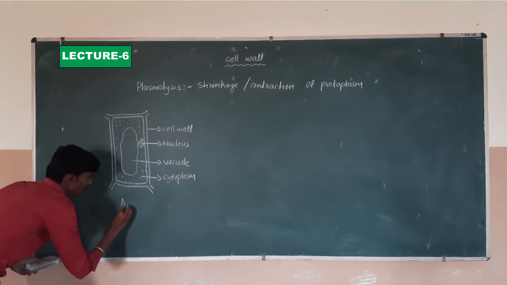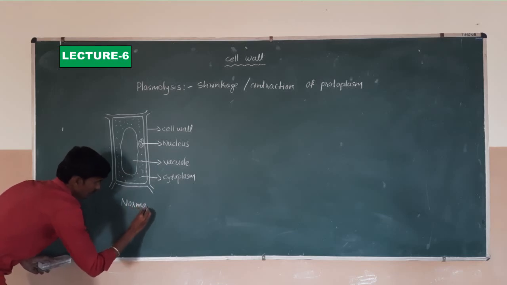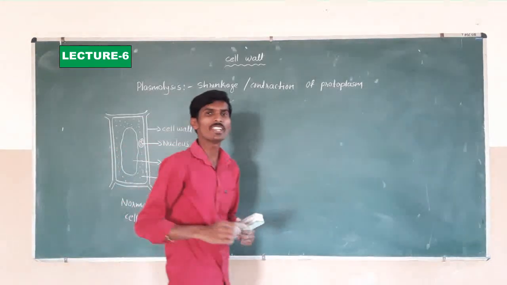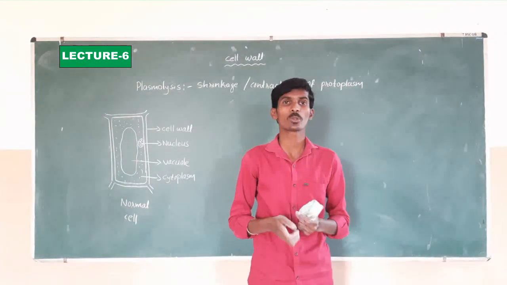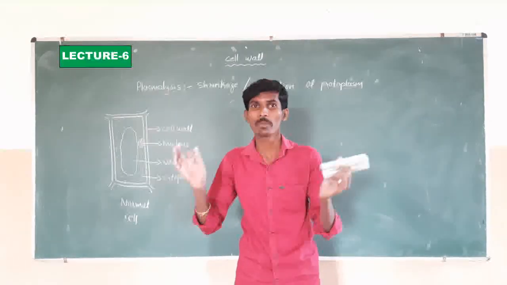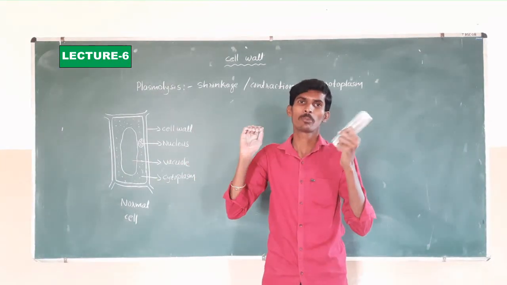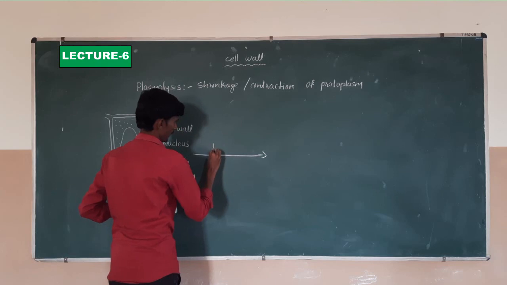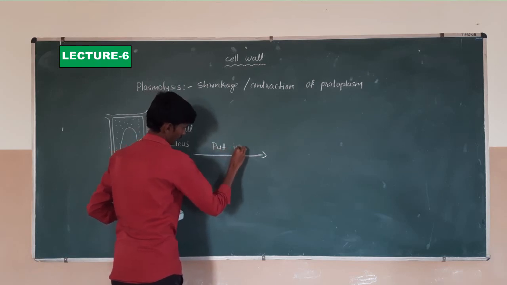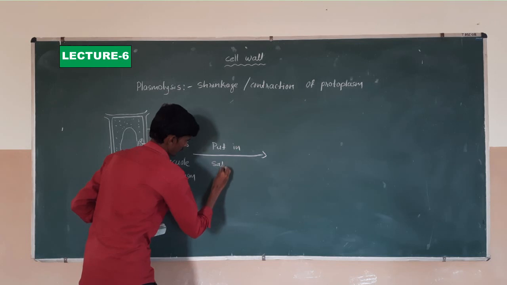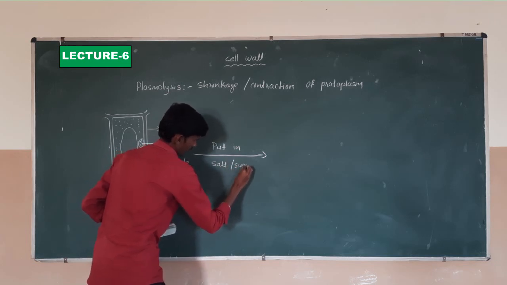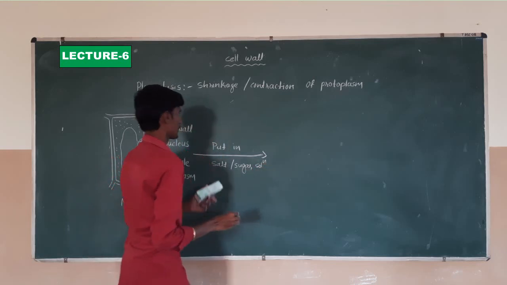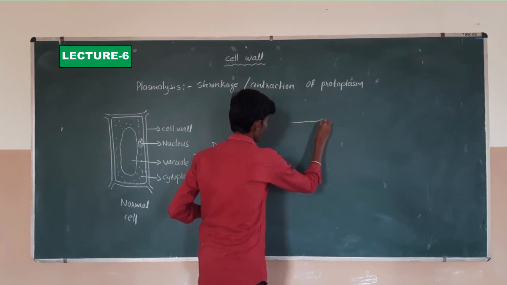This is the normal cell. When we put the normal cell in a concentrated salt or sugar solution, the protoplasm shrinks, and it becomes plasmolysed. So what happens? The cell shrinks.